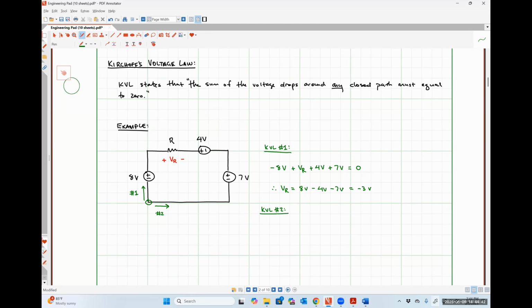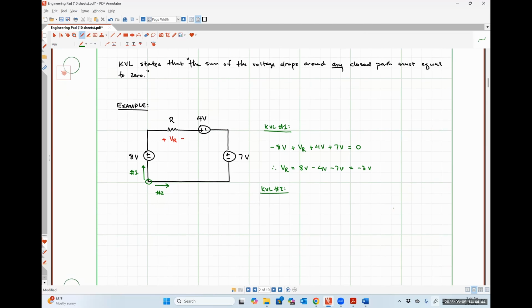So going counterclockwise, the first thing that I see is the negative polarity terminal of the 7-volt source. So I would have negative 7 volts. Then I see the negative polarity terminal of the 4-volt source, so minus 4 volts. Then the negative polarity terminal of our resistor voltage drop, VR. And then lastly, I see the 8-volt source, and I see the positive polarity terminal first.